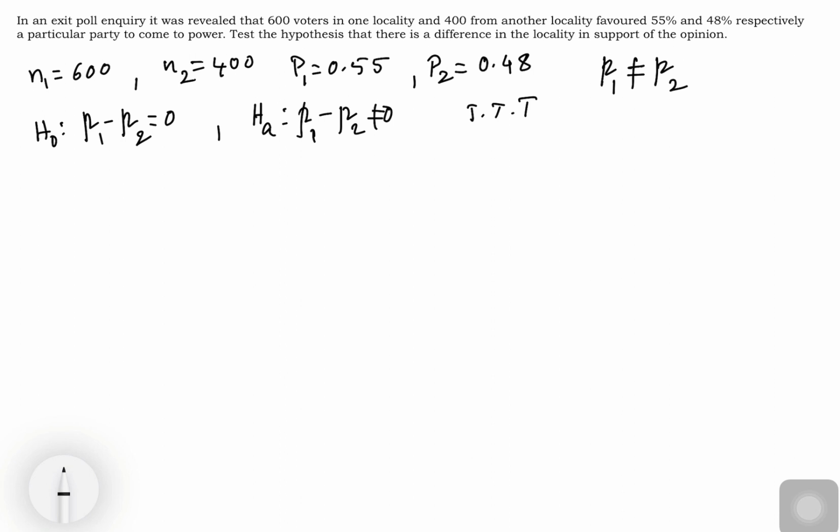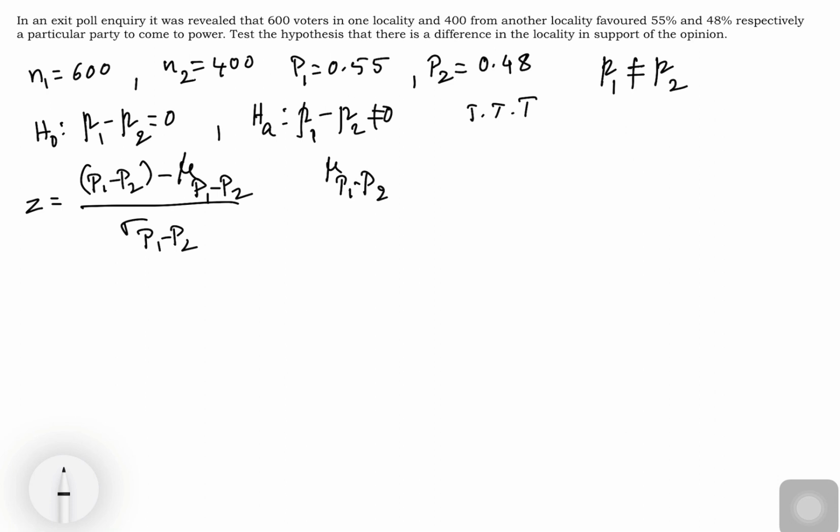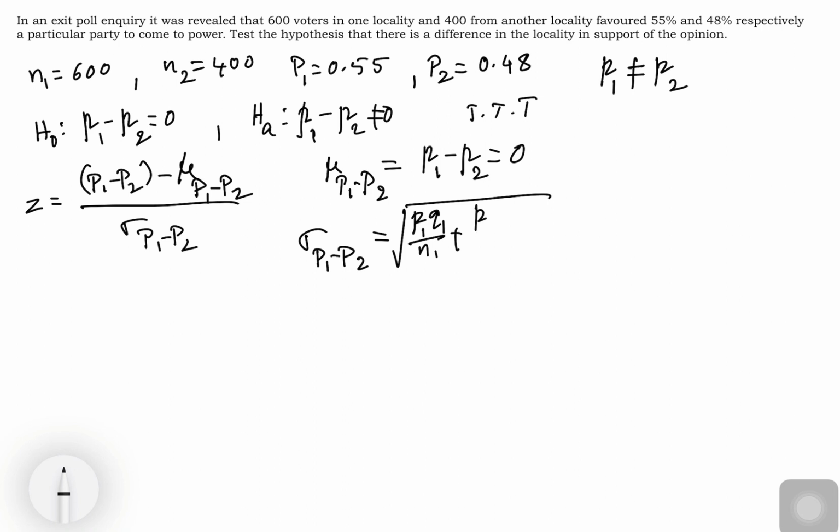So Z will be given by P1 minus P2 minus mu of P1 minus P2, over sigma of P1 minus P2, wherein mu of P1 minus P2 is given by small p1 minus small p2. Here it is equal to 0.